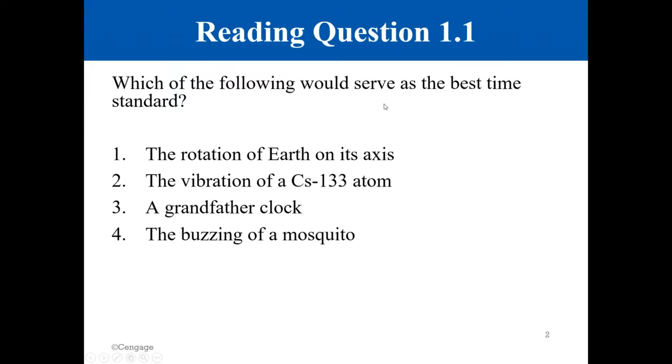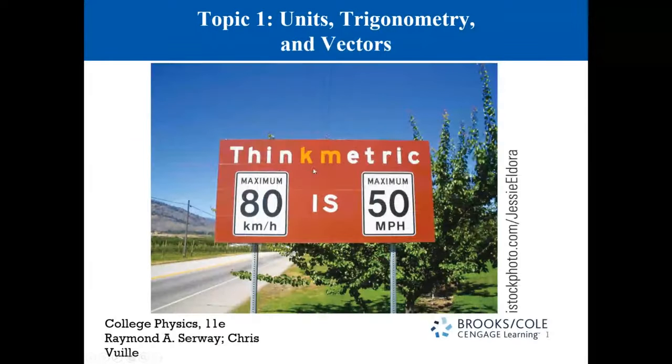Which of the following would serve as the best time standard? When we talk about quantities in physics and measurements, we need to use units that are agreed upon by everyone in advance. When I say kilometer per hour, when I say 1 hour, everyone understands what I'm talking about.